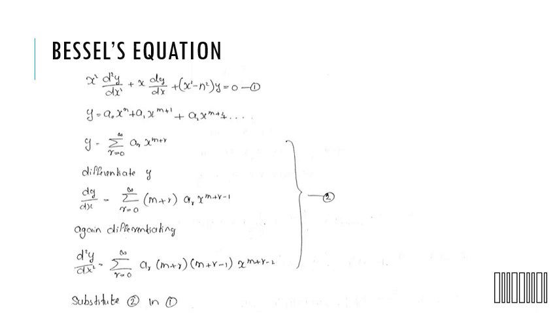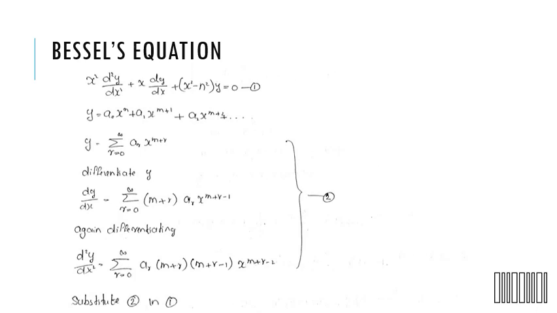Then take y equal to a0 x raised to m plus a1 x raised to m plus 1, and write it in a summation form, that is y is equal to summation of r equal to 0 to infinity ar x raised to m plus r, and differentiate the above equation of y with respect to x.